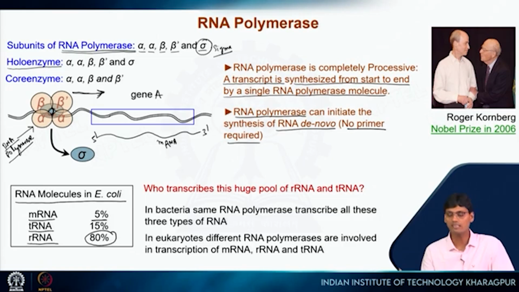Here is an interesting fact. During the replication class I mentioned that Arthur Kornberg received the Nobel Prize for his contribution to understanding replication. He is Arthur Kornberg here, and here you can see Roger Kornberg, who is the son of Arthur Kornberg and contributed a lot to understanding transcription.